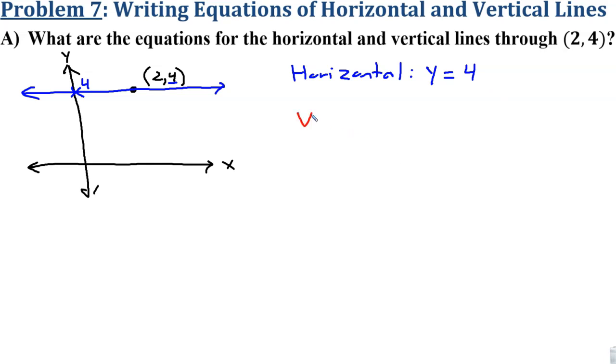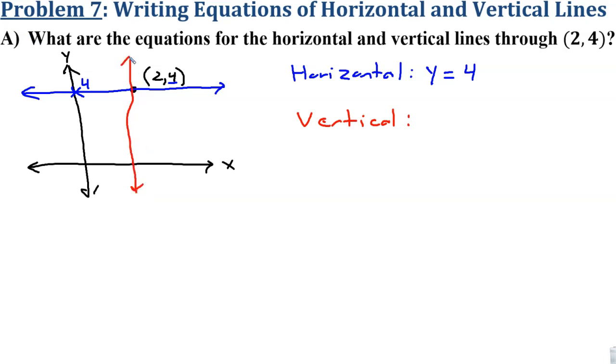We can do the same thing for vertical lines. A vertical line is going to be a line running straight up and down through our point. Let me try to draw.